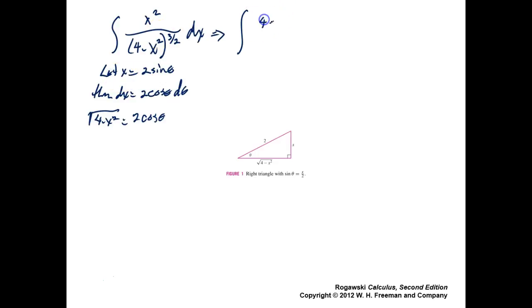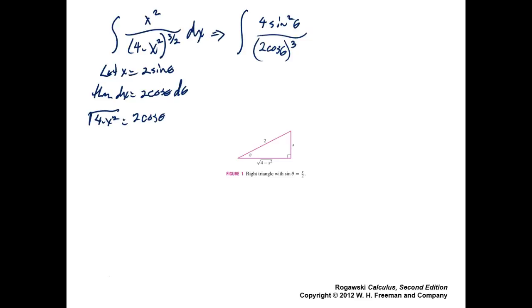Okay. 4 sine squared theta over 2 cosine theta, the whole entity there cubed.